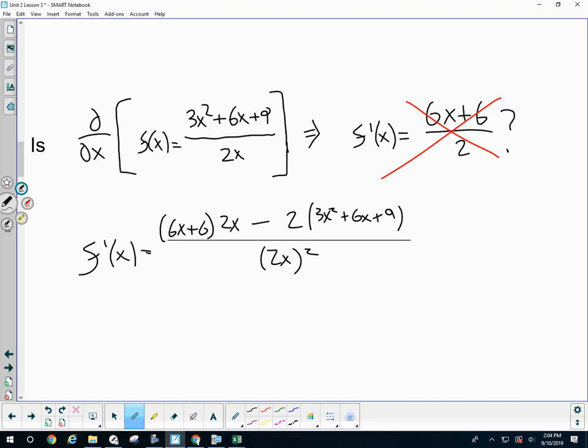Now, I just want you to be careful. This minus 2, make sure you distribute this negative to everything after you distribute the 2. Either keep the minus and have 6x squared plus 12x plus 18 in parentheses, and then distribute the negative, or what I actually like to do is get rid of subtraction symbols and make them add the opposite.